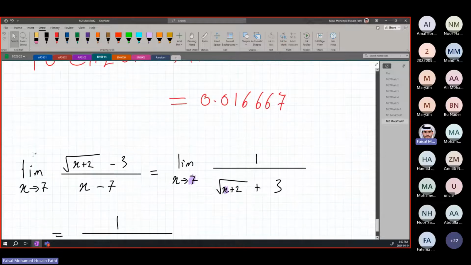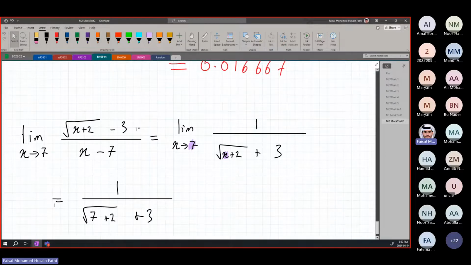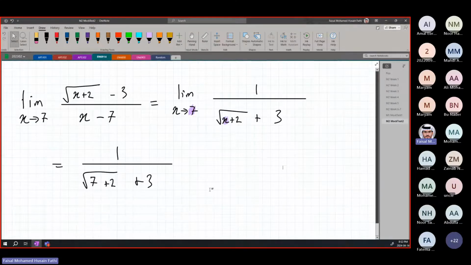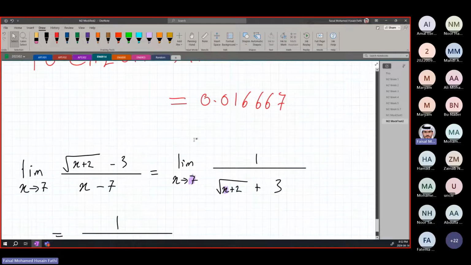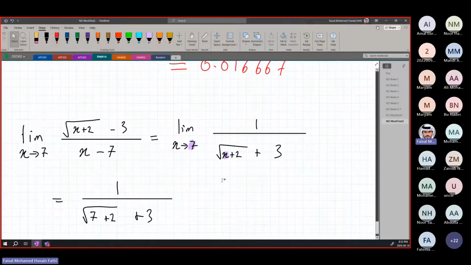So you can do all your simplification without the limit, but make sure your final step is showing that the limit of the original equation that is given in the question is equal to the limit of what you have simplified. And then you're going to substitute the 7 to show it. This is just how neat work is shown. So that when the examiner wants to grade you, he makes sure that you know your steps, you know what you're doing, you know what the definition of a limit is and what the meaning of it is.